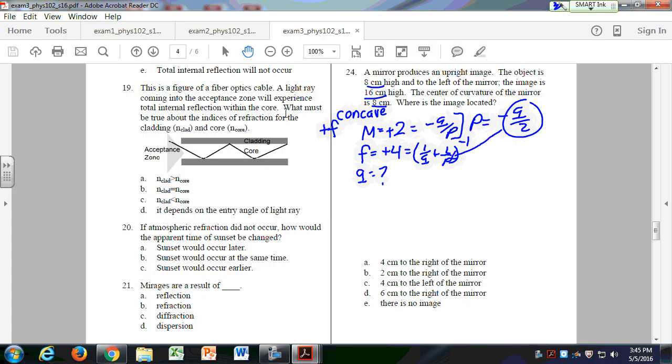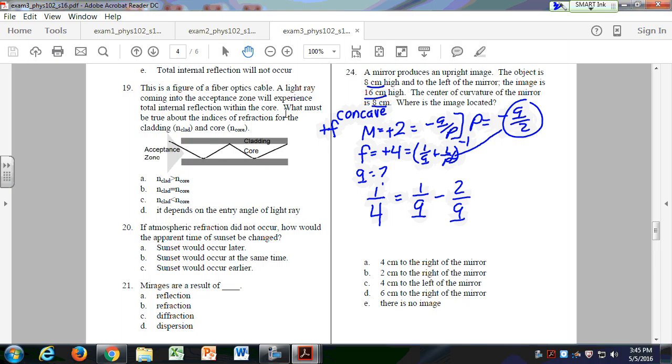So I get 1 over F equals 1 over Q minus 1 over P, which is going to be 2 over Q. See, P is equal to negative Q over 2.